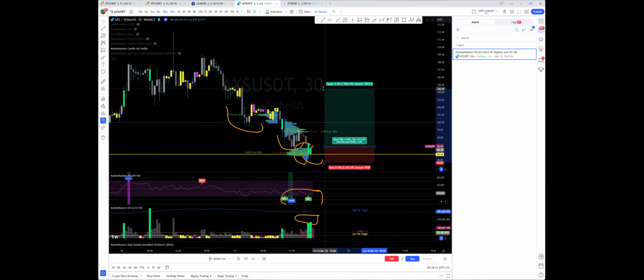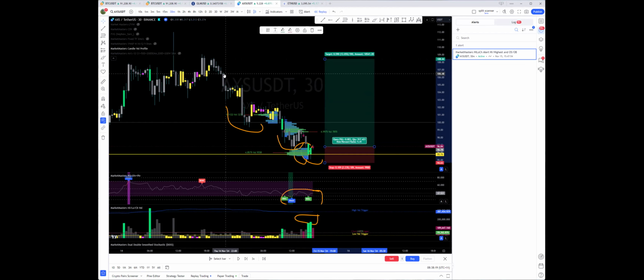Then you're looking for a 2 to 3R trade, or just up to wherever the range is. It's generally a range trading type setup. I'm looking to take most of the profit throughout the range, and I'll normally take some off the table at the first point.